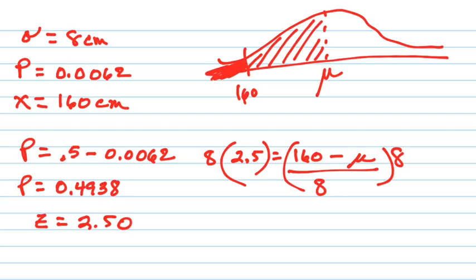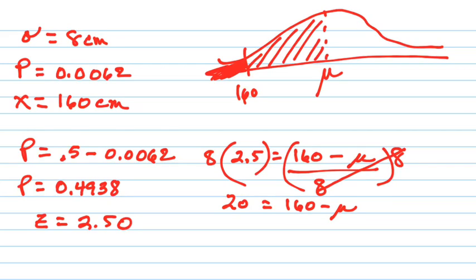What's 8 times 2.5 going to give me, guys? 20. And over here, the 8s are simply going to divide away. Gives me 160 minus mu.